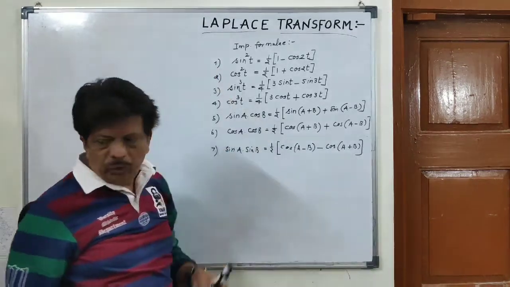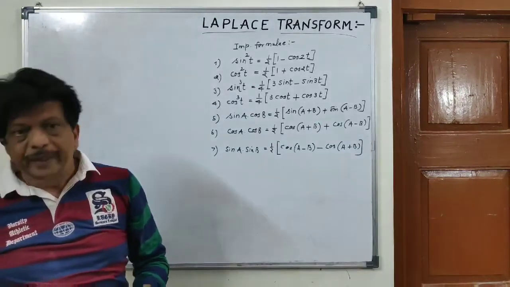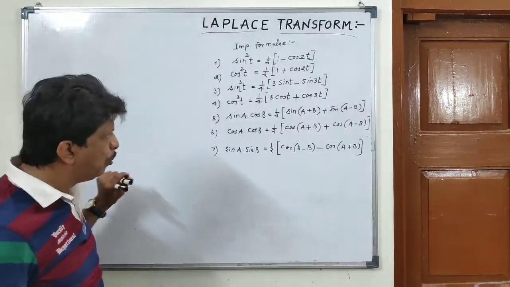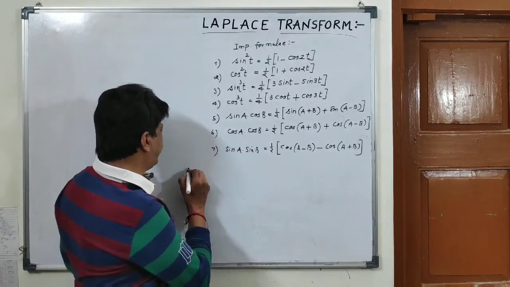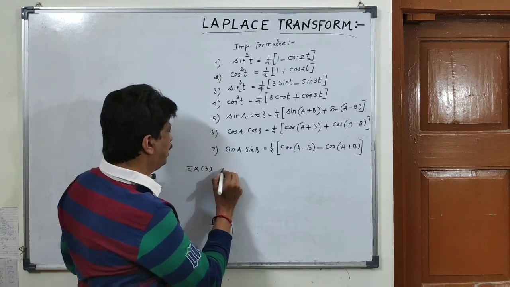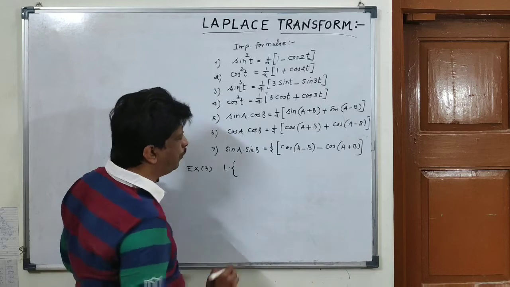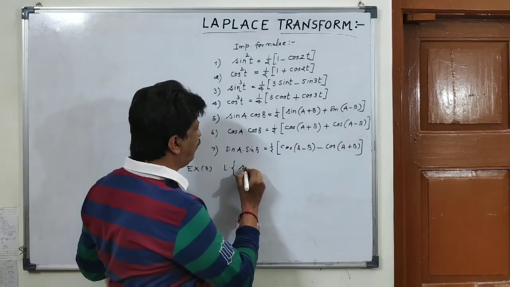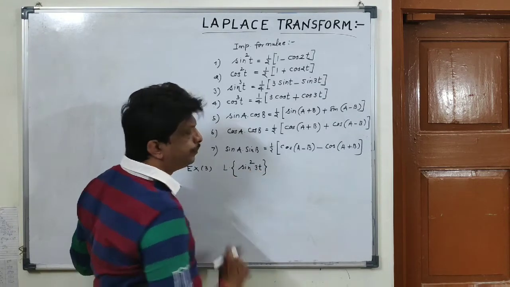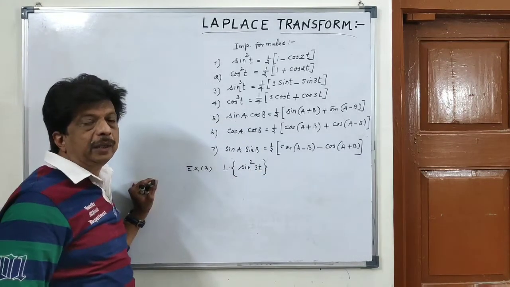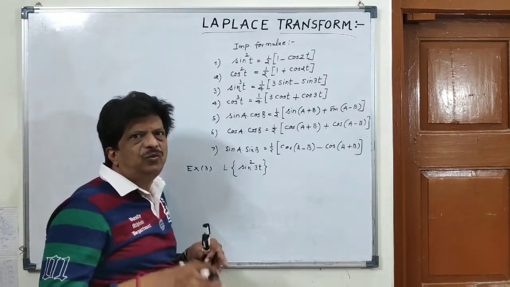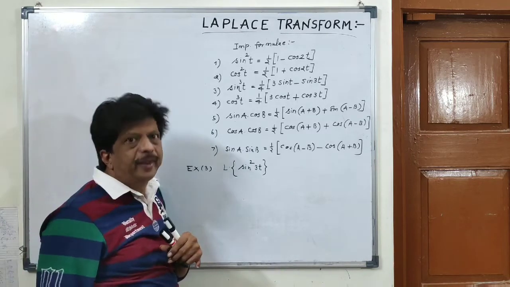Now, subject to this, we shall find the Laplace transform of some more functions. Example number 3. Laplace transform of sine square of 3t. We don't have the formula of Laplace transform of sine square function.